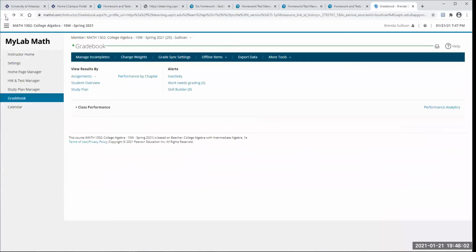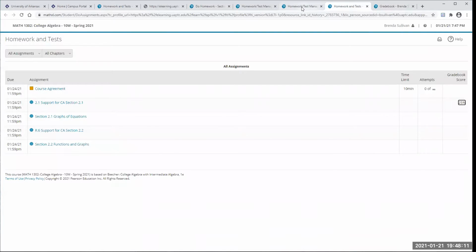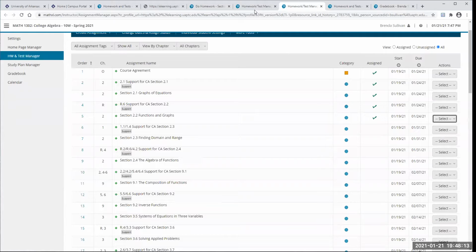Okay, let me see if I can get this to go back to where I want it to go. I may not be able to. May have to get out and back in. Okay. Hang on a second. Let me see if I can get it to do what I want it to do.